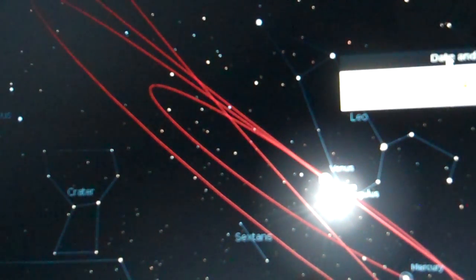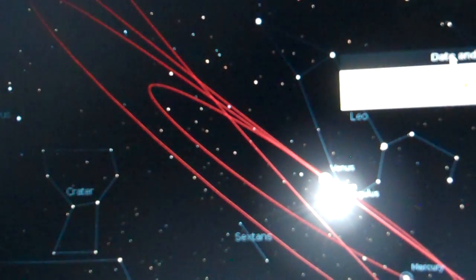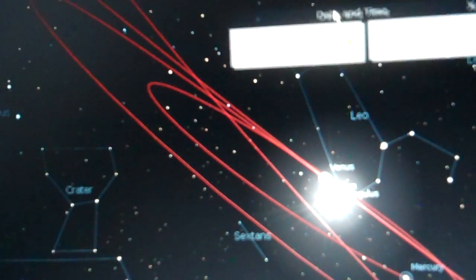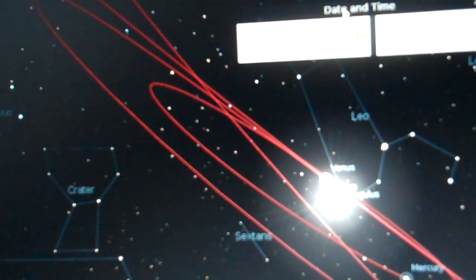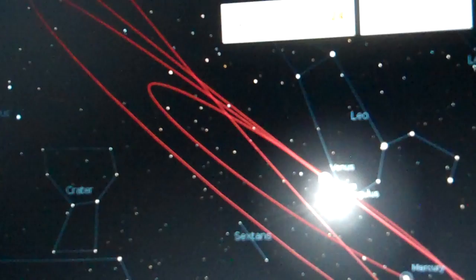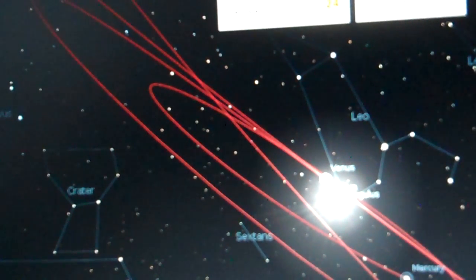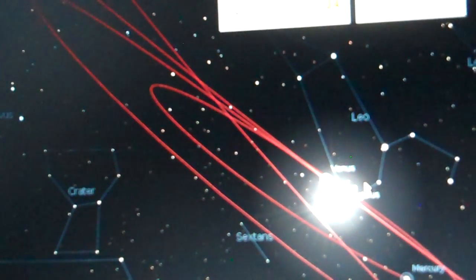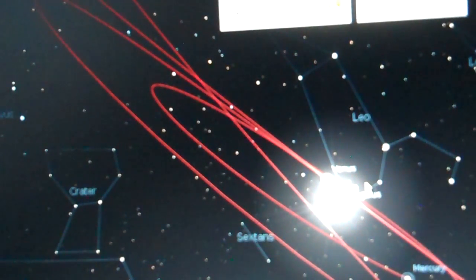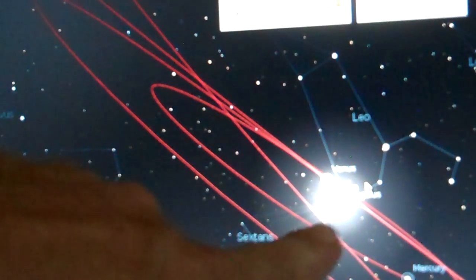Anyways, the date here is August 24th. I hope you can see it. I'm going to run forward in time. This is what it looks like right now, 16:30, so 4:30 this afternoon. The Sun is right near Regulus.